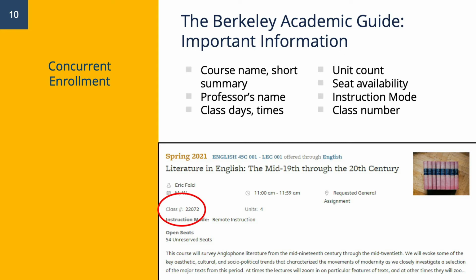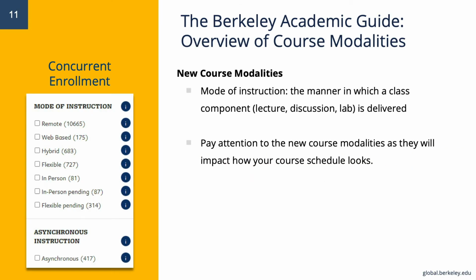However, I believe the most important piece of information is the class number located on the left-hand side. This is the number you'll need to remember when actually applying for the class. From my personal experience, if there is a substantial amount of open seats available, then there is a good chance you will be able to enroll in the class. We'll go over this in just a minute.